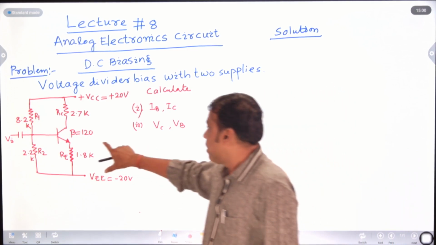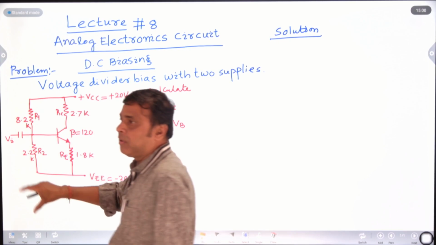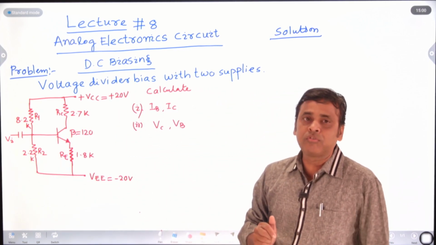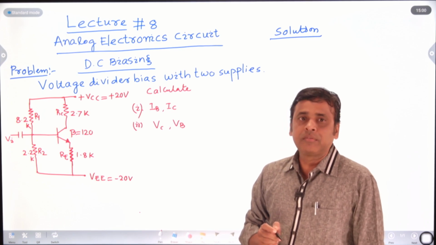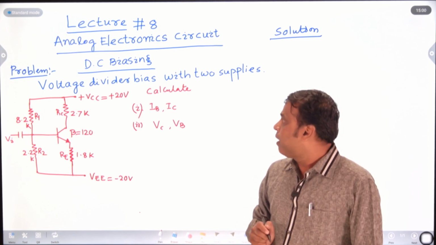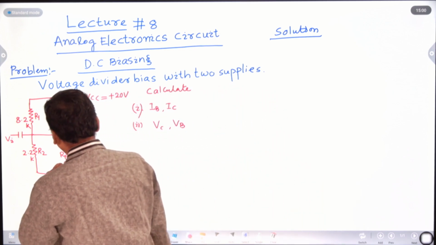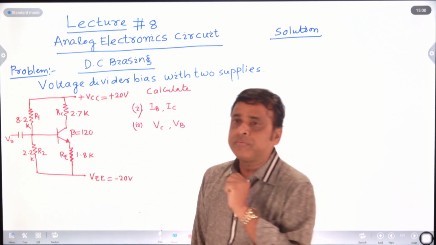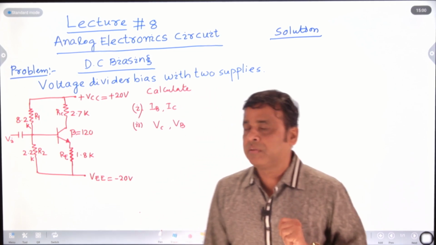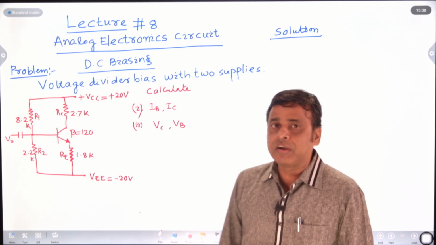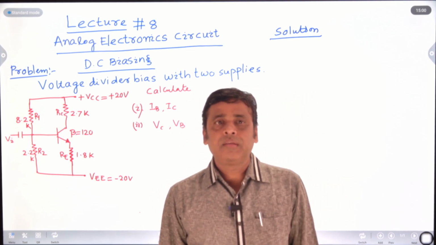The base of this transistor could be developed into a Thevenin's equivalent voltage source network, but in approximate analysis there is no need to convert to a Thevenin's equivalent circuit, provided the condition beta R_E greater than or equal to 10 times R2 is satisfied. If this condition is not satisfied, then we go for exact analysis.